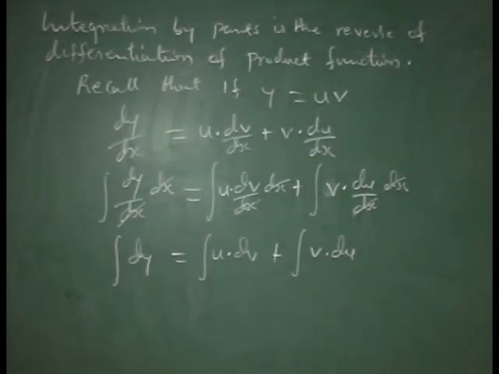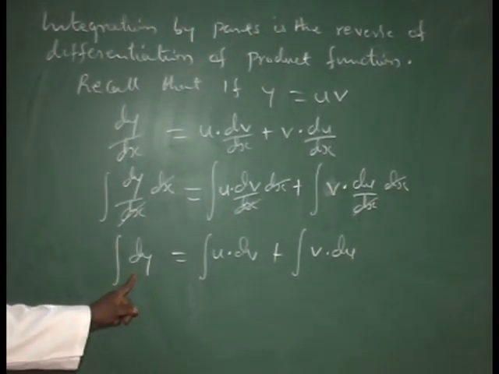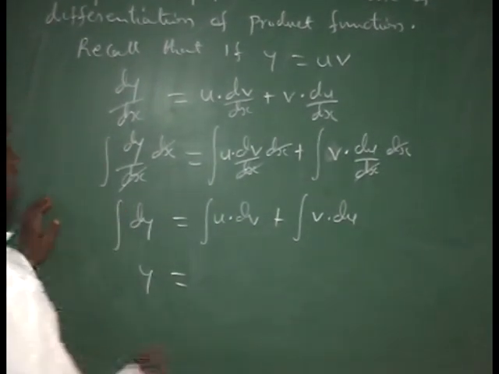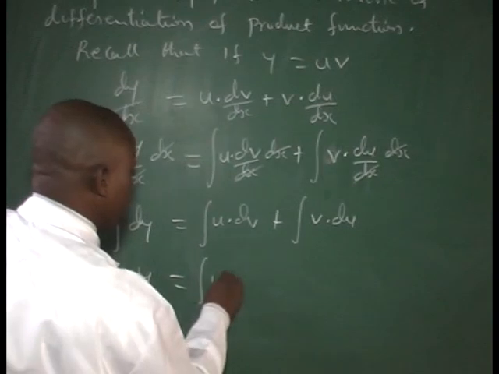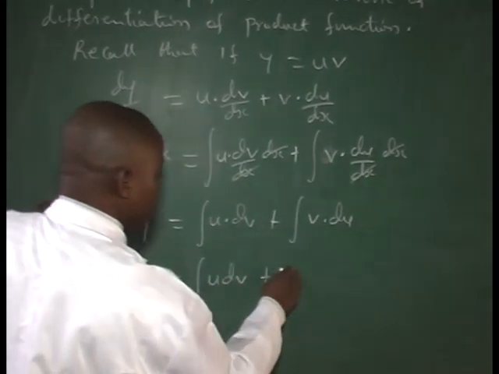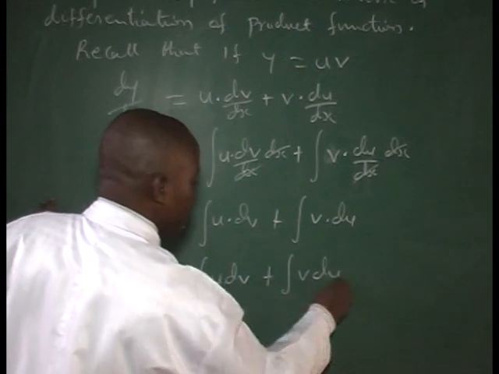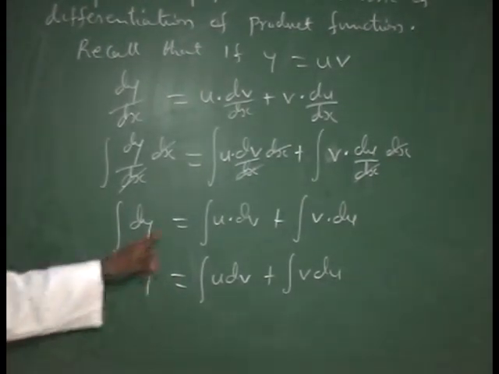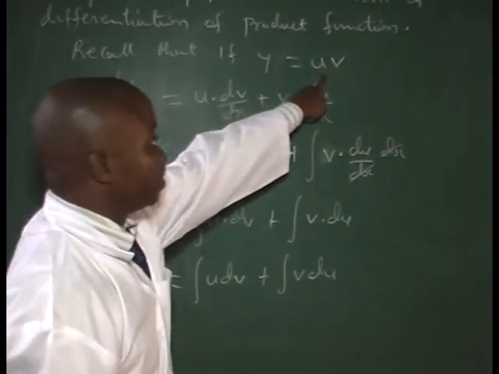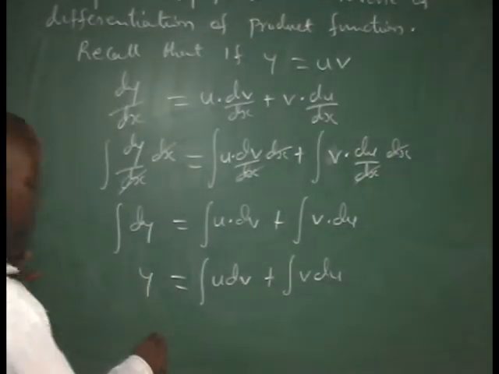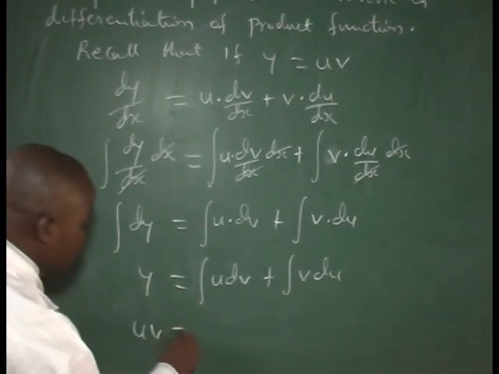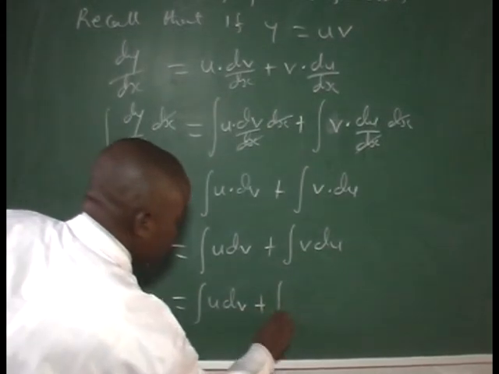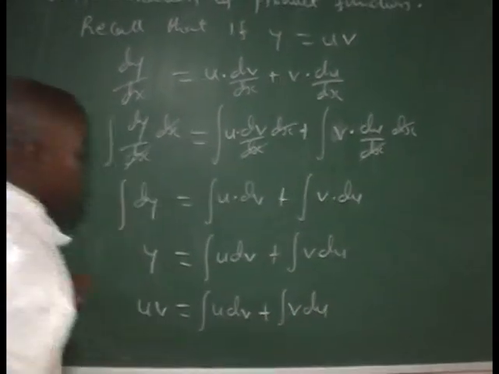Now, if I integrate here, I will have y. If I integrate this side, I have y. Now this side becomes the integral of u dv plus the integral of v du. But y is equal to uv. Look at it. y is equal to uv, so I can put uv in this place. Then I have the integral of u dv plus the integral of v du.